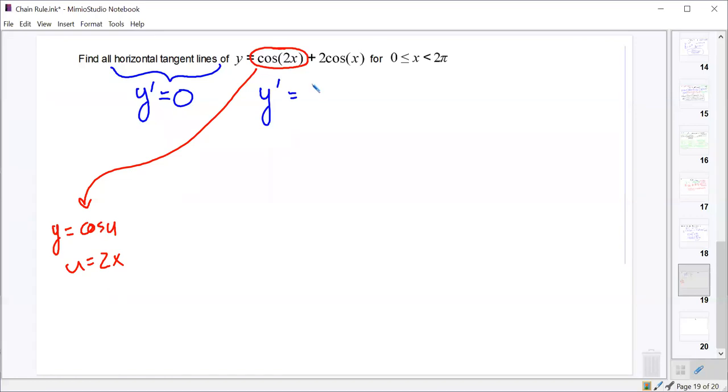Negative sine u. So negative sine 2x, and then times the derivative of the 2x gives you negative 2 sine 2x. And then what's the derivative of plus 2 cosine x? That should just become minus 2 sine x. Everybody good with that?